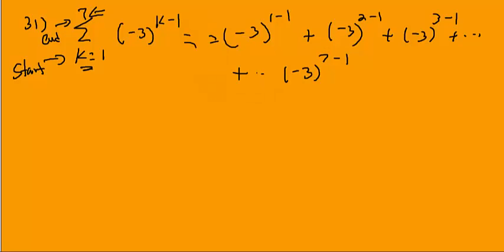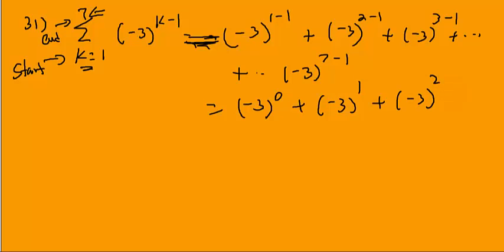If we clean this up, I'm going to get negative 3 to the 0, plus negative 3 to the 1, plus negative 3 to the second, plus dot dot dot, plus negative 3 to the sixth. To clean this up some more, anything to the 0 is 1.